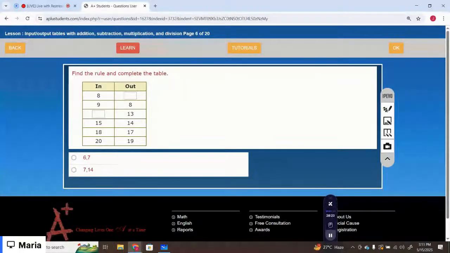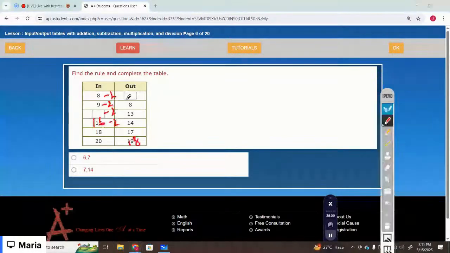Find the rule and complete the table. 8 minus 1 is 7. 9 minus 1 is 8. 12 minus 1 is 11.